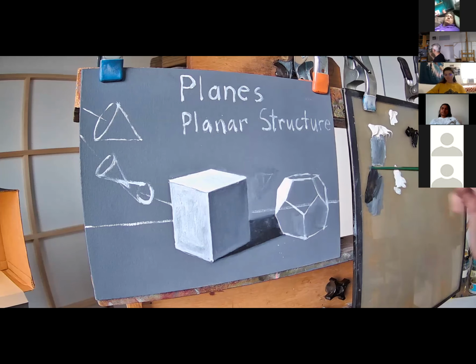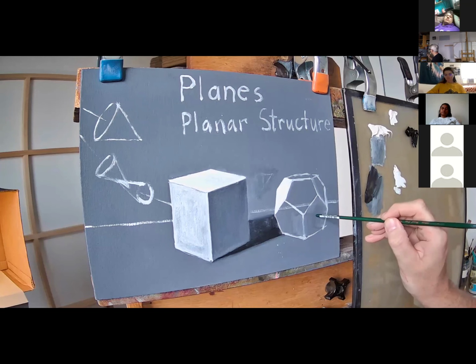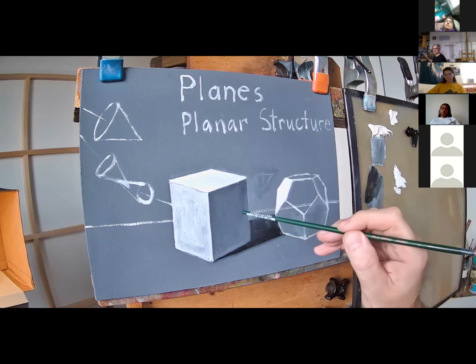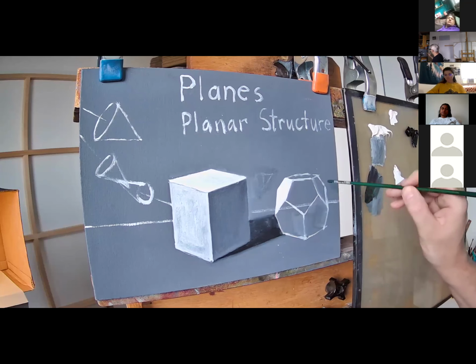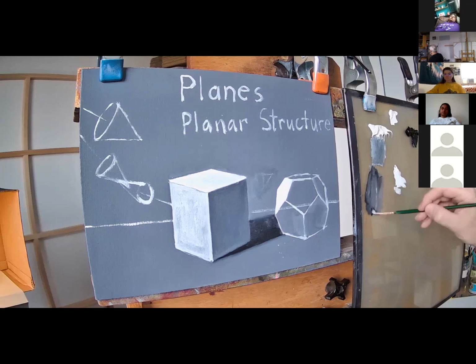So if this plane is directly facing the light source, then this plane, which is roughly parallel to the plane on our cube, this plane and this plane are both turned away from the light source. So let's put those two planes. Those are both planes completely in shadow.